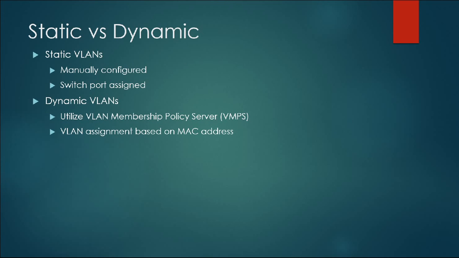That would be through a static method, where we would manually configure that switch port to have access to only one VLAN, or to dynamically assign a switch port to membership of a VLAN with a VLAN Membership Policy Server, which basically will identify the host's MAC address plugged into that port, communicate with the VMPS, and then assign that switch port membership to a VLAN based on the MAC address of the host that has been connected.